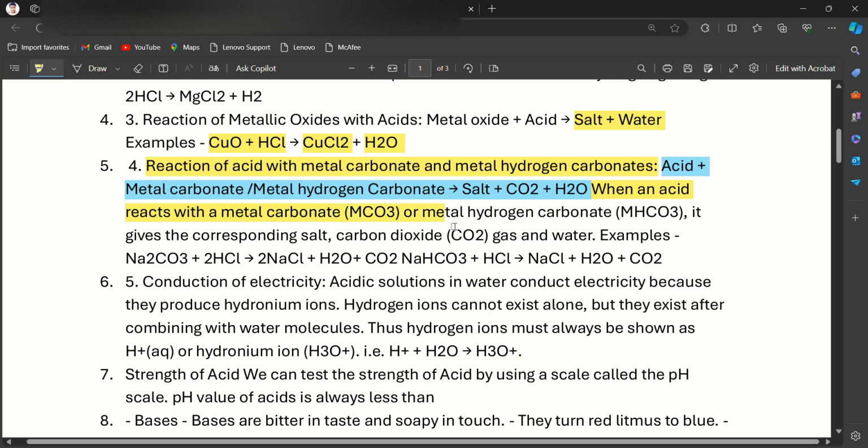When acid reacts with metal carbonate or metal hydrogen carbonate, it gives the corresponding salt. करस्पॉन्डिंग सॉल्ट का तो जान रहे हो ना कि जो मेटल होगा उसी से जो सॉल्ट बन रहा होगा वही सॉल्ट देगा. अब ये नहीं कि मेटल में आपने सोडियम लिया है या मैग्नीशियम लिया है तो वो सॉल्ट किसी और का बनेगा, बनेगा उसी का सॉल्ट जो मेटल लिया है. ठीक है. And carbon dioxide gas and water. Okay, so examples are given here.